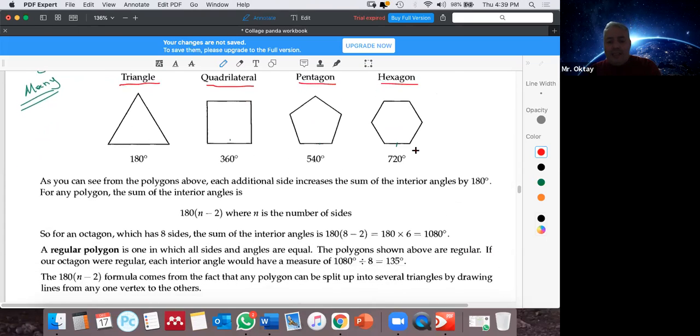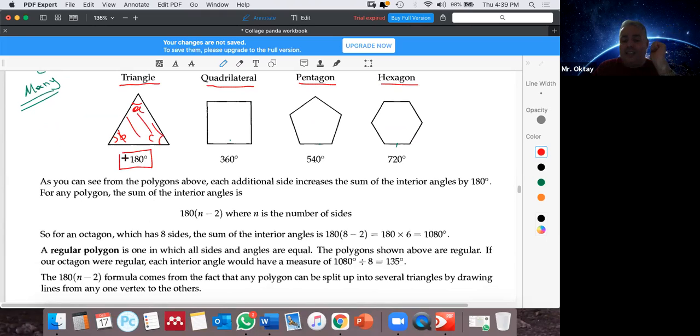Right now, we should know that the sum of the interior angles of any triangle A, B, C is always 180 degrees. Now I will give you a general rule, but you should know this. Any quadrilateral, such as a square, rhombus, rectangle, parallelogram, which means 4-sided, always sums to 360.